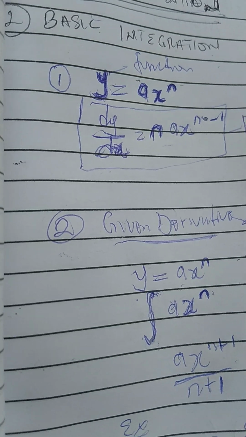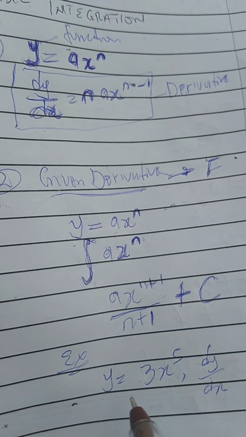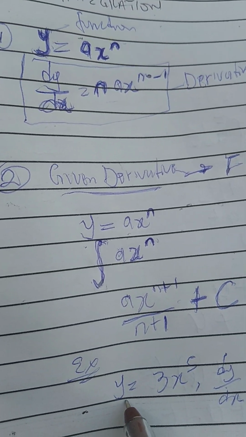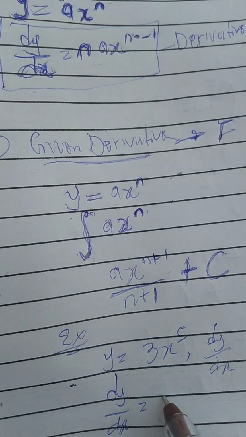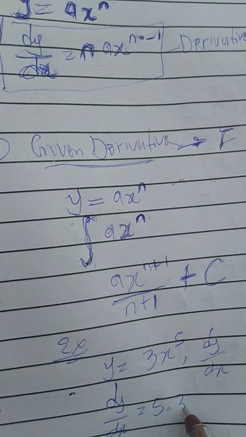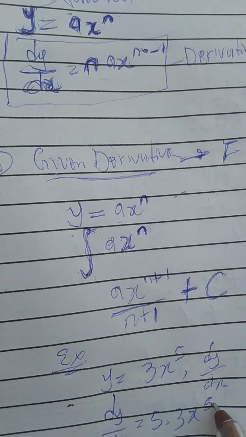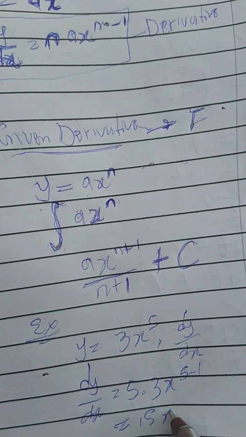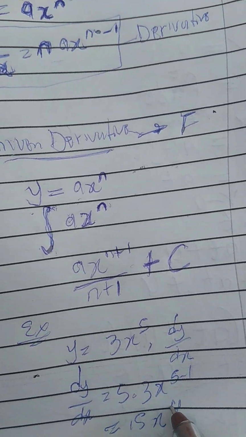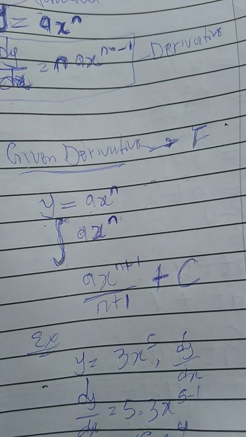So in a nutshell, for this question given here, dy/dx means we use 5 to multiply, so it's going to be 5 times 3, x raised to the power 5 minus 1, and 5 times 3 is 15, x raised to the power 5 minus 1 is 4. So we have gotten our answer.